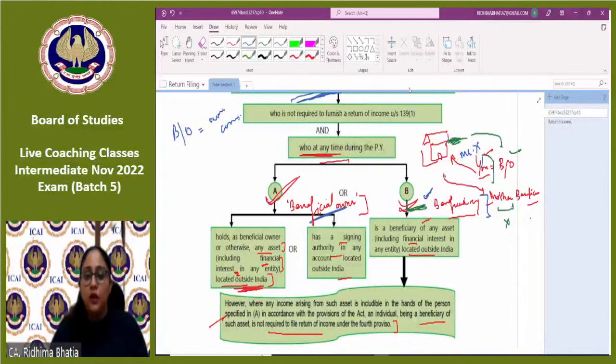Rafiq bhai, Ayush, Sai Kumar, I hope all of your doubts are clear.